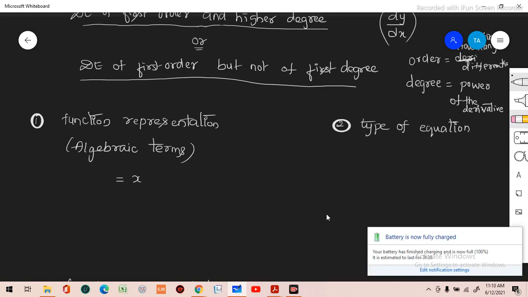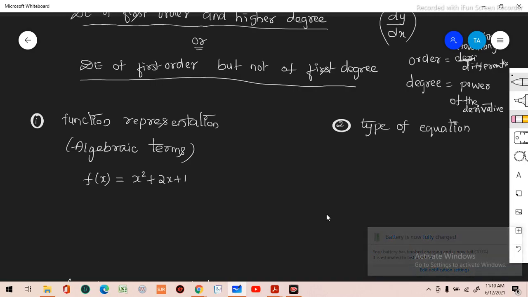Suppose I have a function x square plus 2x plus 1. We will denote it by f of x, right?